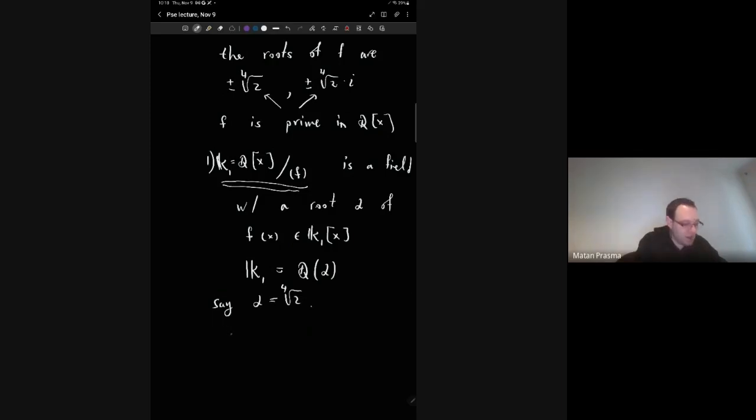Then I look at Q of fourth root of 2. This is like doing the complex numbers, right? You look at all the expressions of the form a plus b fourth root of 2, where a and b are elements in Q. And this is at least isomorphic to K1.